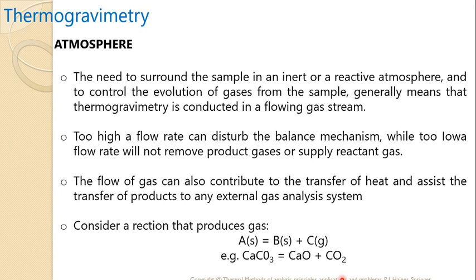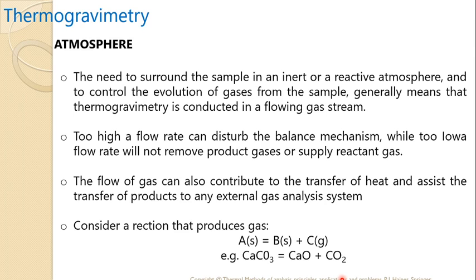Then the next one is the atmosphere. For the analysis of the sample we need some kind of surrounding atmosphere, which should be an inert or reactive atmosphere, and to control the evolution of gases from the sample, thermogravimetry is generally conducted in a flowing gas system.